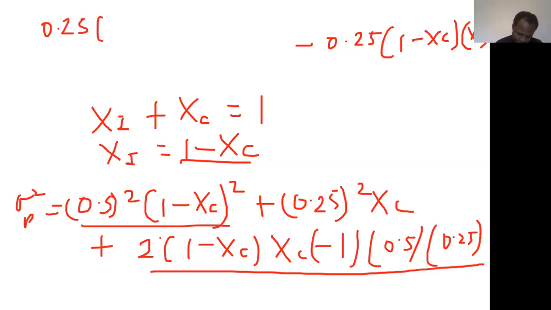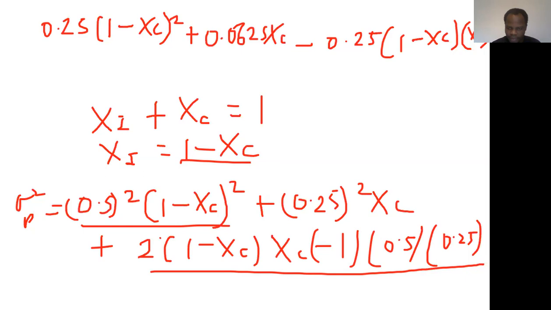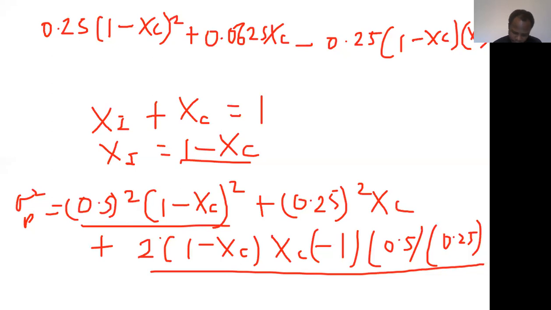So that gives 0.25 times 1 minus xc, all squared, plus 0.25 squared, which is 0.0625, times xc squared.